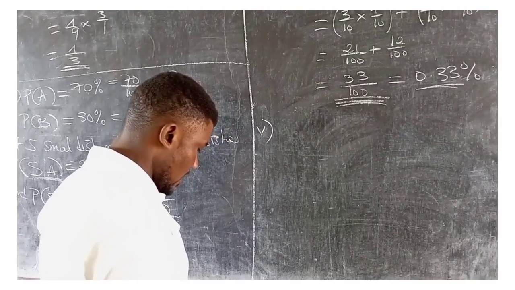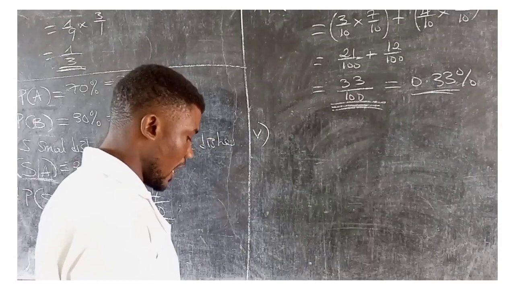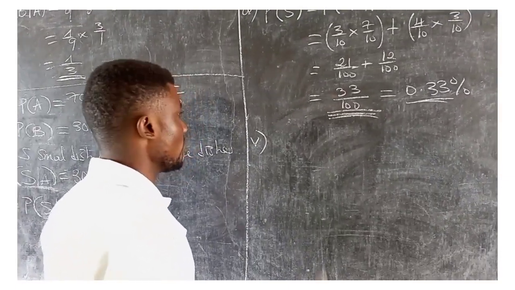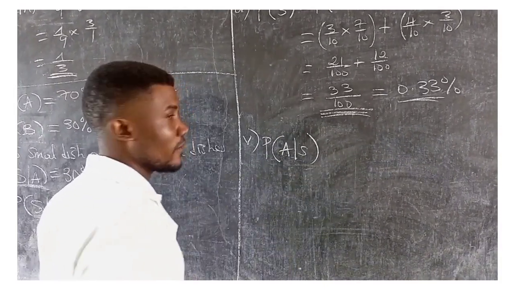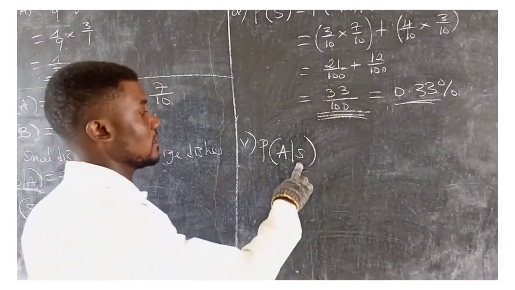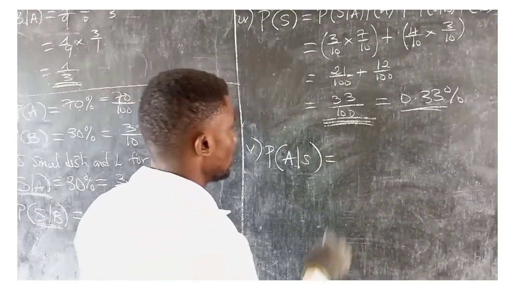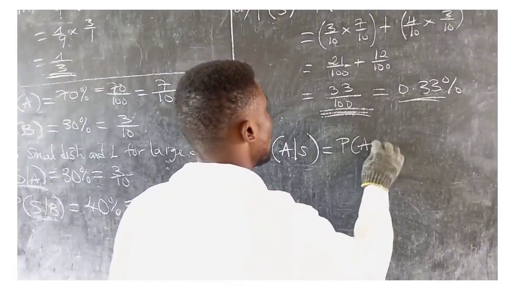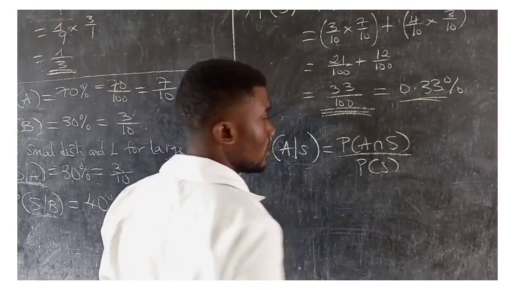Then the last part says: find the probability that a small size dish chosen at random will be only of type A. That means we are looking for the probability of A, given that it is inside a small dish. And this is the probability of A and S, all over the probability of a small dish.